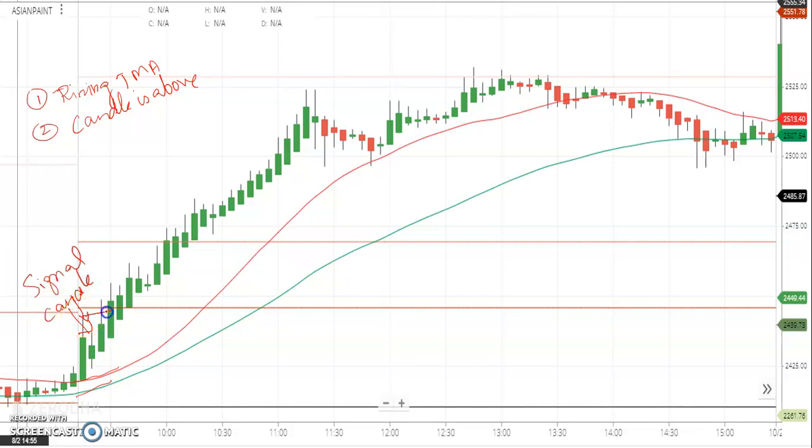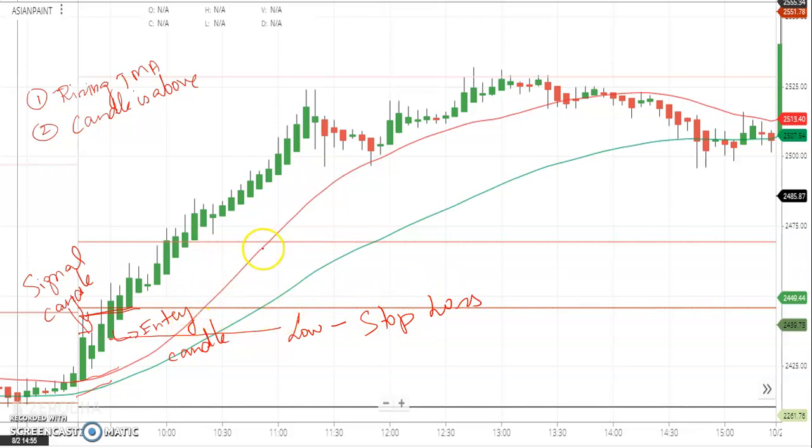Whenever the signal candle breaks, that is called the entry candle. Here the entry candle's low is the stop loss. And then you have to focus on the target.